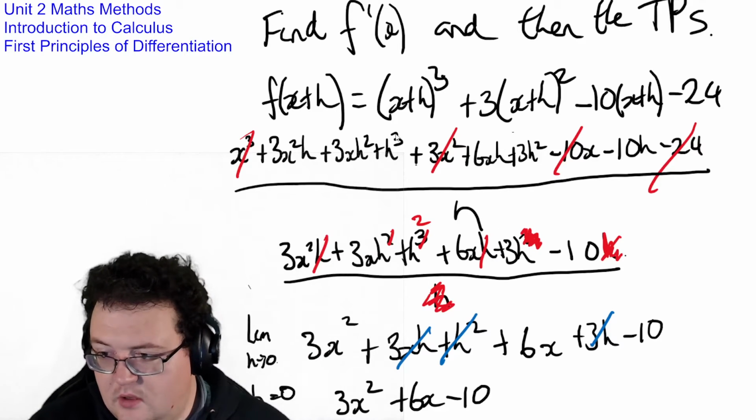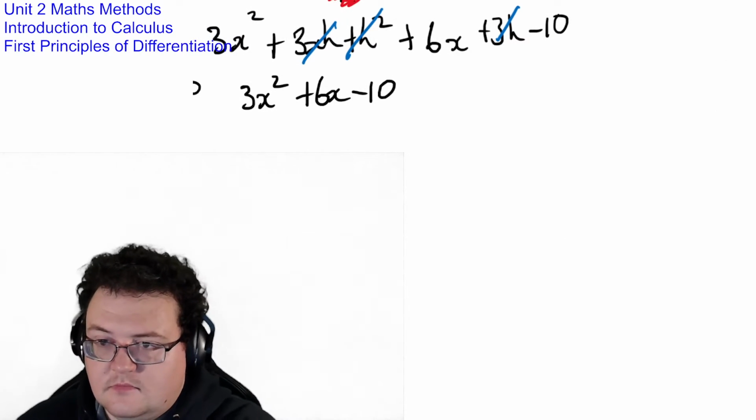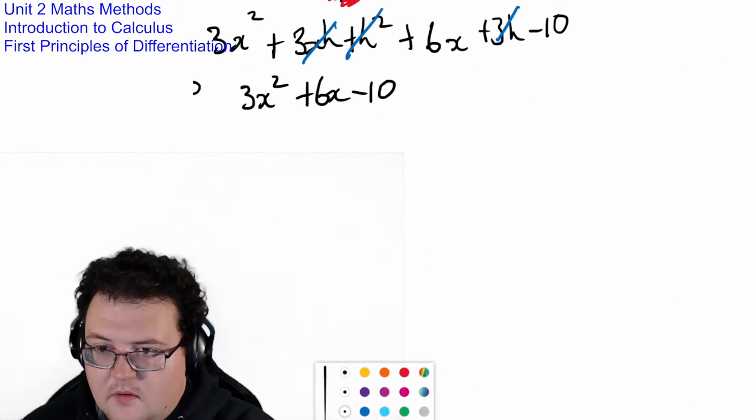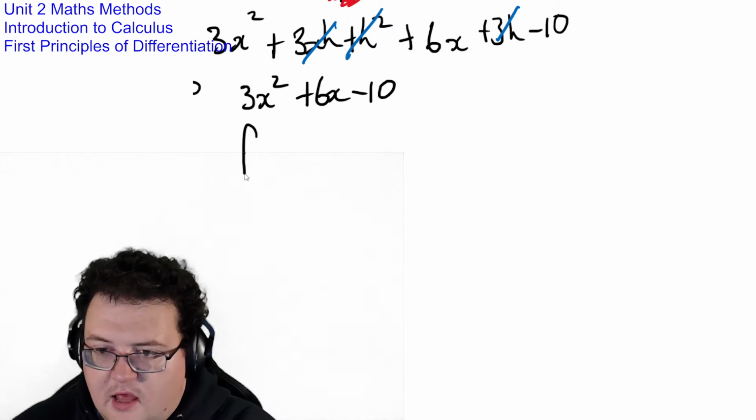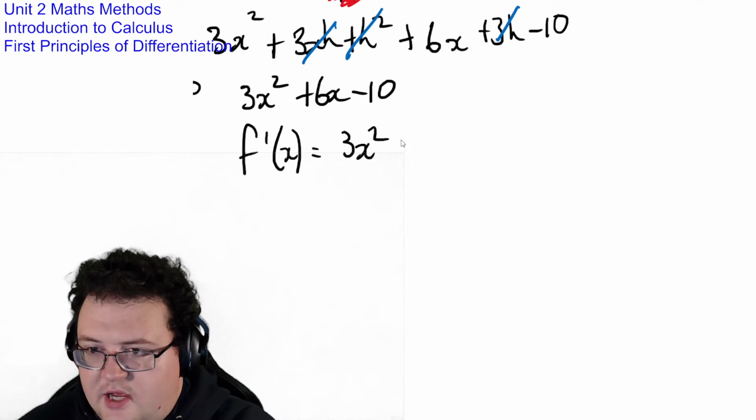So f dash x equals 3x squared plus 6x minus 10.